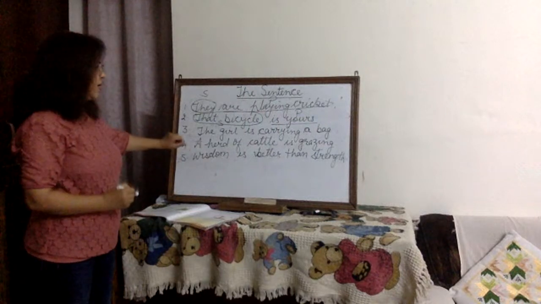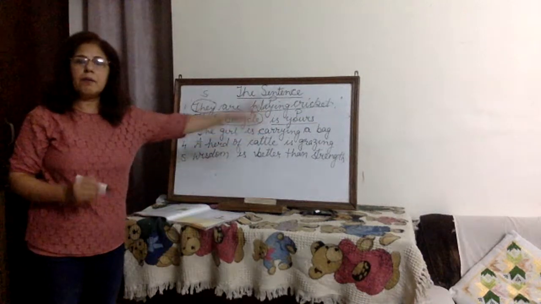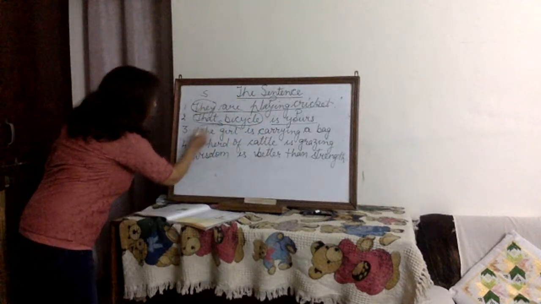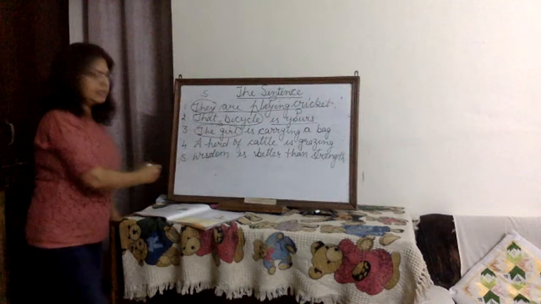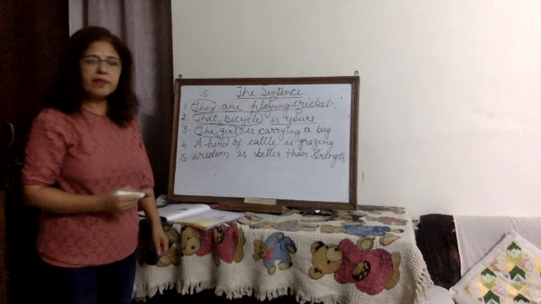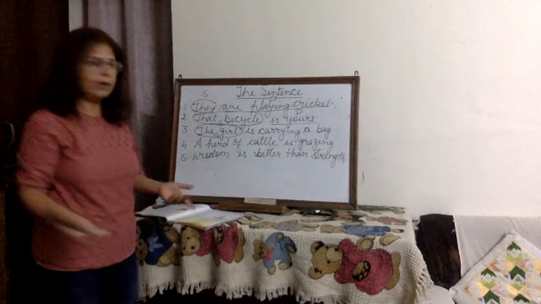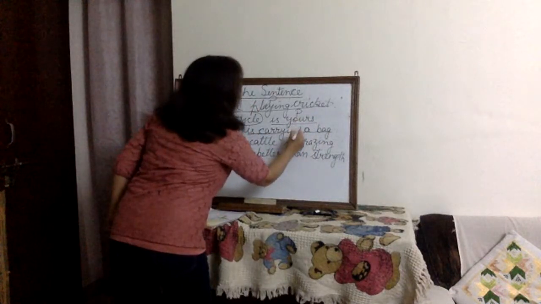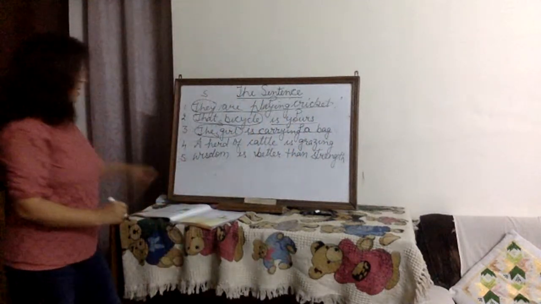Sentence number 3, the girl is carrying a bag. So we are talking about the girl. So the girl is subject. What description is being given for the girl? What is the girl doing? Is carrying a bag. So this is predicate.